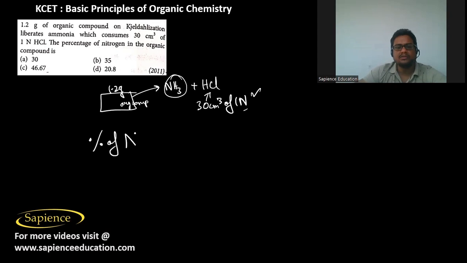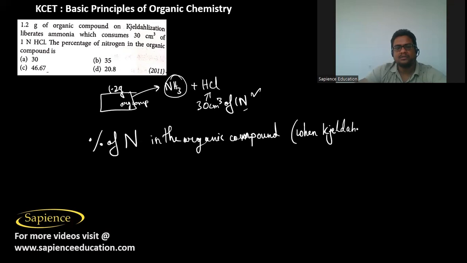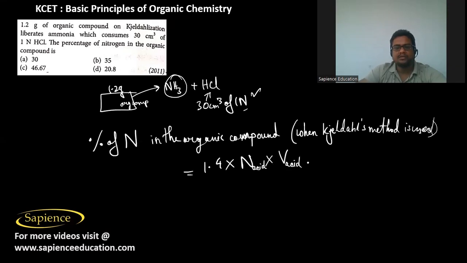So when Kjeldahl's method is used, the percentage of nitrogen in the organic compound is calculated as 1.4 into the normality of the acid times the volume of the acid in centimeter cube, divided by the weight of the organic compound which is used in grams.